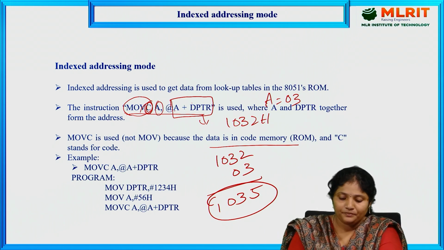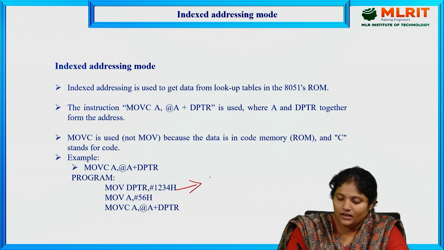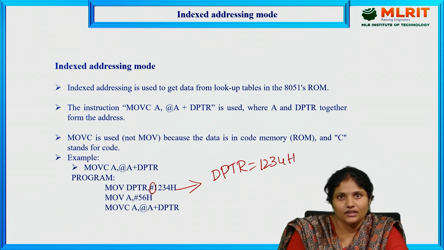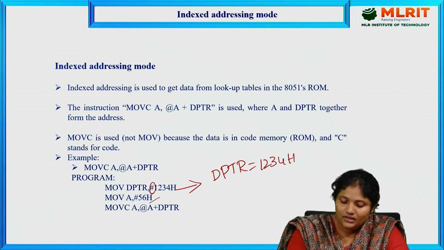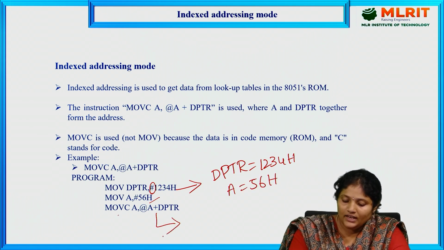Here, after execution, what will be the data loaded in the DPTR? It will be 1234H, since immediate data is given. Next, A will be loaded with 56H. Now what will be the data moved to A?